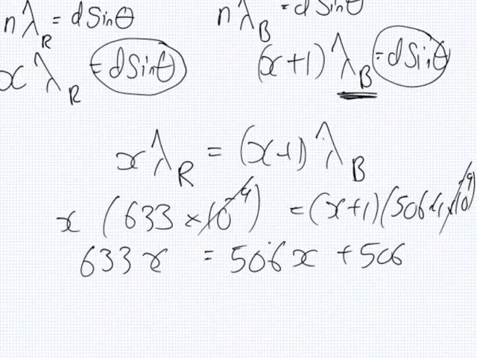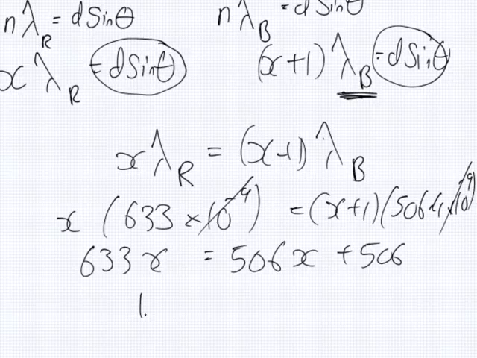Is that okay? So we get 127x equals 506. And that comes in at x equals 4, or 3.98, so 4 then.